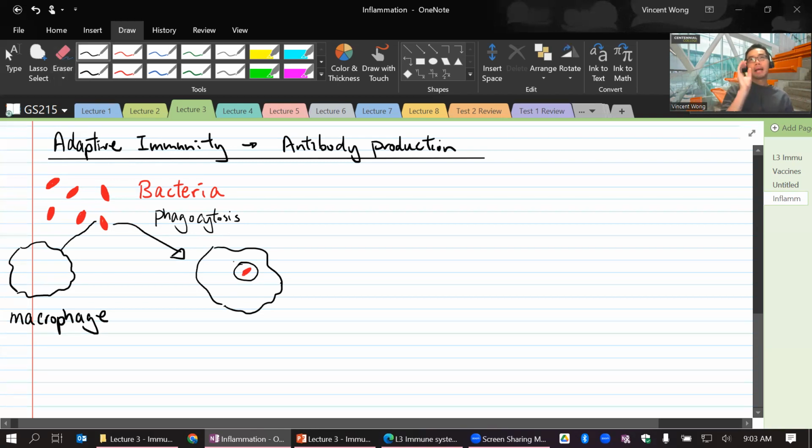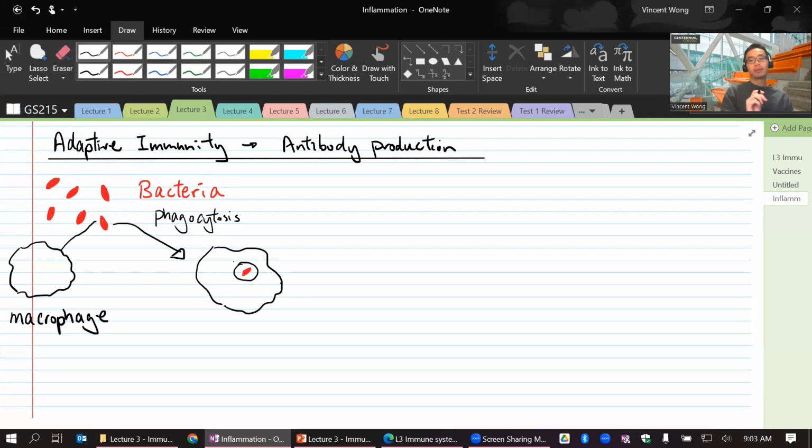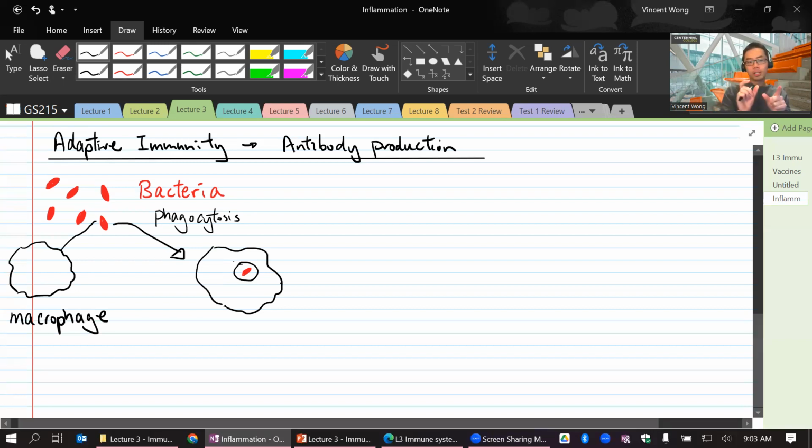Now, we learned about two types of phagocytes: the macrophage, and the neutrophils. We're going to focus on the macrophage because the macrophage has a special ability that the neutrophil does not. And that special ability is something called antigen processing.